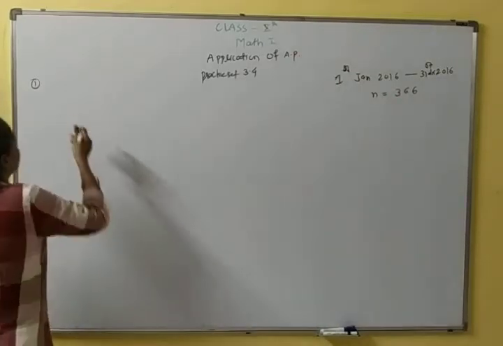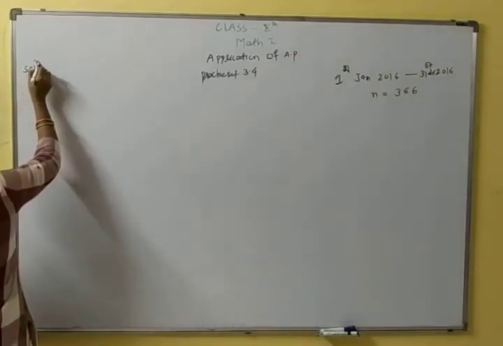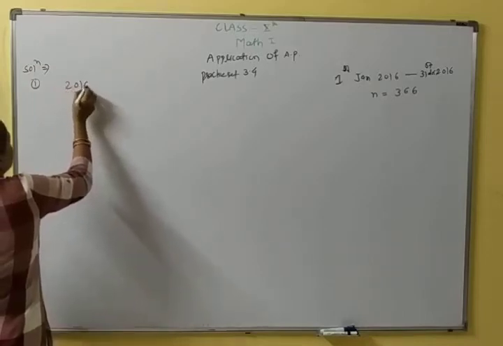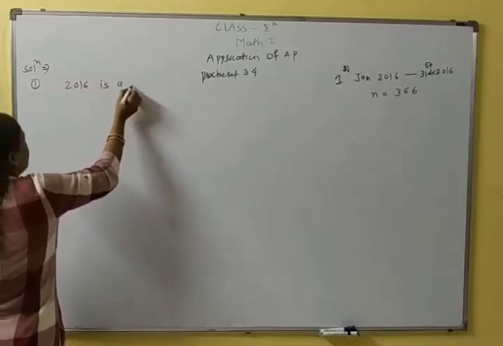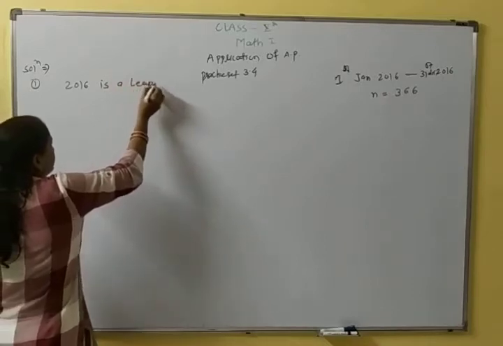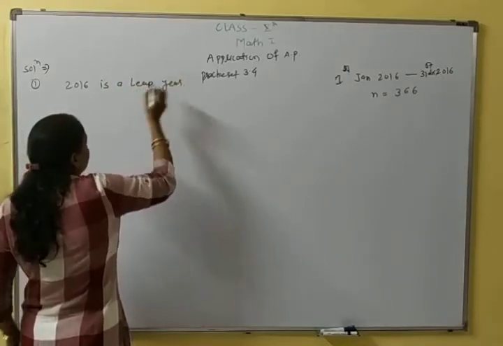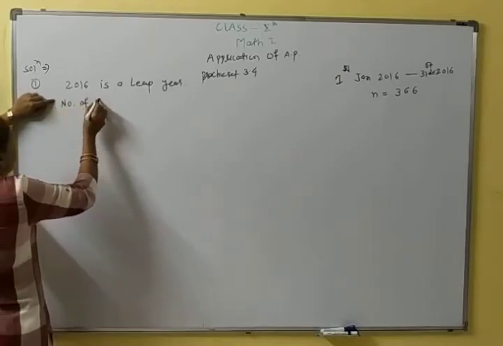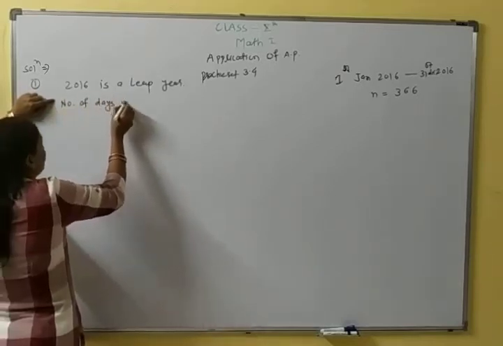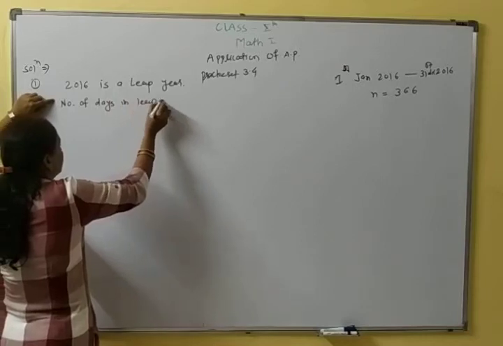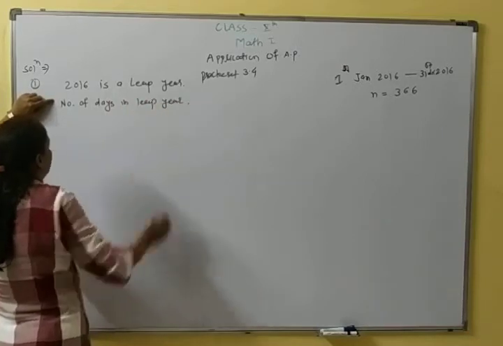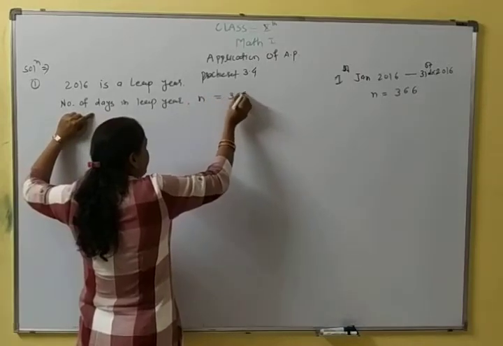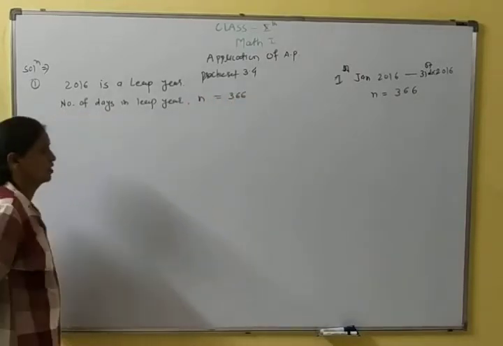So 2016, here the solution is: 2016 is a leap year. Therefore, the number of days in a leap year, that is n, equals 366.